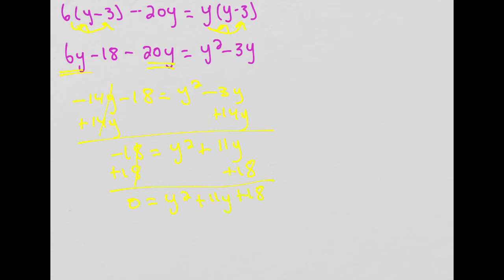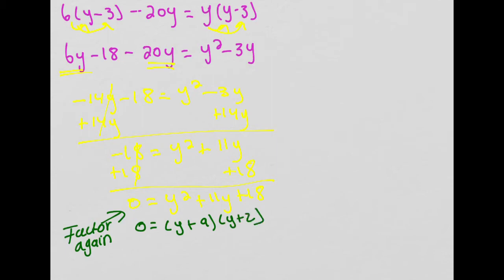So now I need to find factors. So I need to factor again. I need to find factors of 18 that will add to 11. And that is going to be y plus 9, y plus 2.